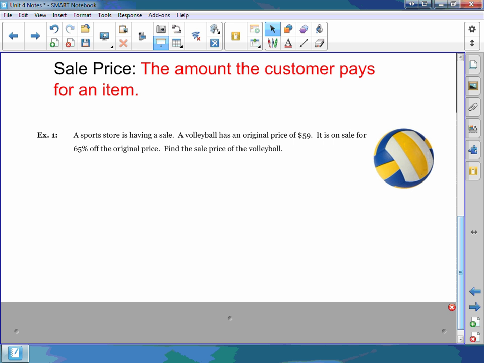When you are making a comparison with your group, just compare the final answer first. See if you agree on the price. And then we're going to explore the different ways to do it.